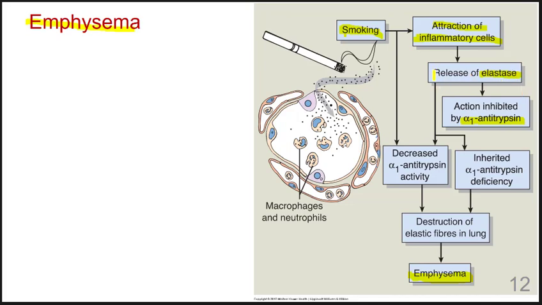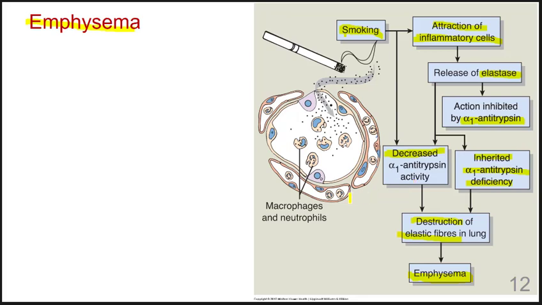However, there's another situation, which is that if somebody has an inherited alpha-1 antitrypsin deficiency and they smoke, the elastase is going to be very destructive, leading to destruction of, in this example, the elastic fibers in the lung, leading to emphysema.